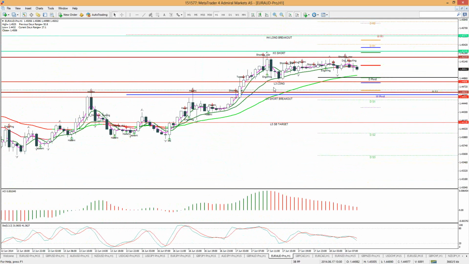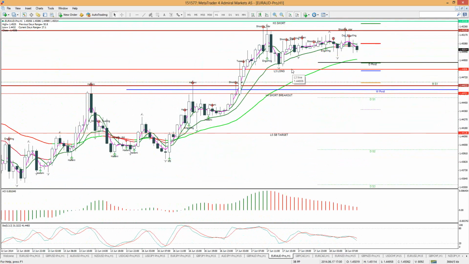So L3 is the bouncing spot at the bottom of the range, the expected range for that day. Obviously, price does break out of those levels at one point, most of the time. But this is an indication of where we would expect that range to be.